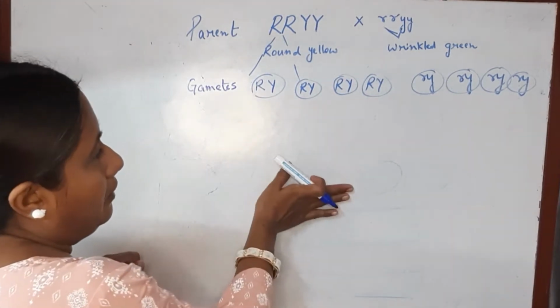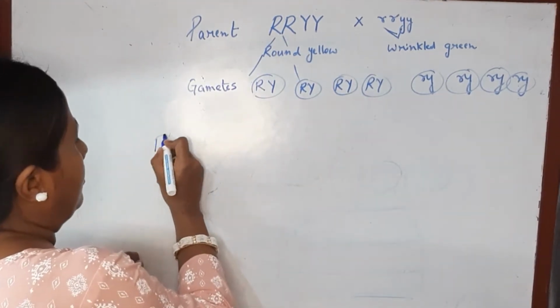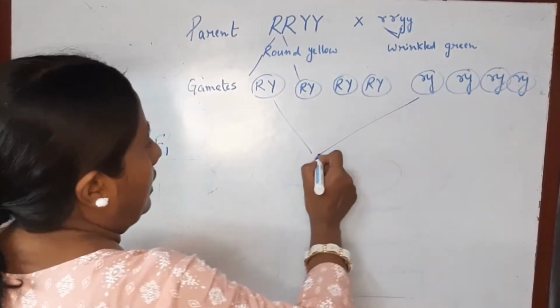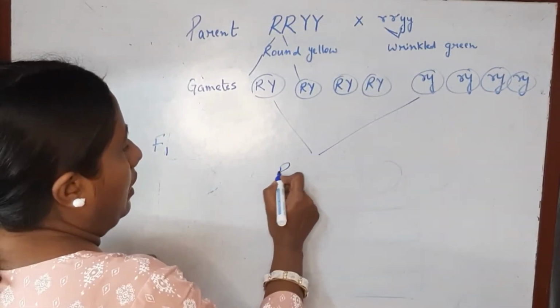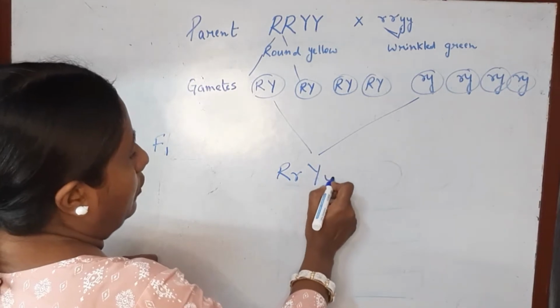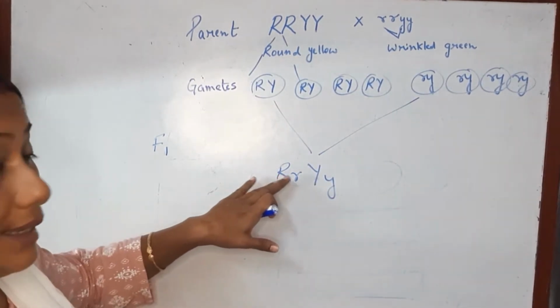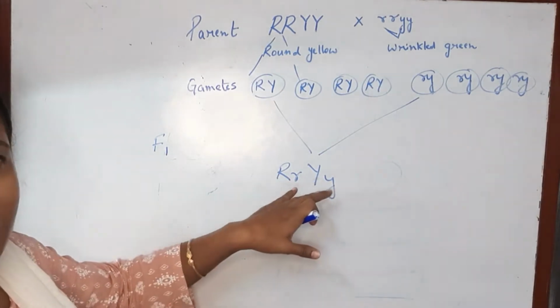Now we will get the F1, the first filial generation, from the cross between these two parents. So capital R, capital Y, small r, small y. Don't write them separated like that.